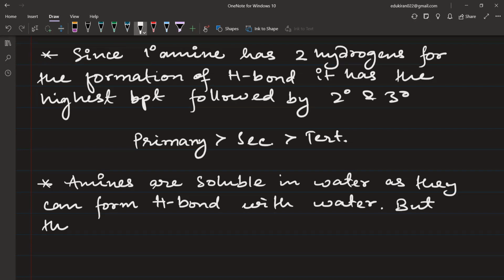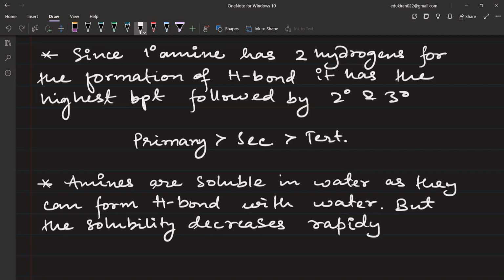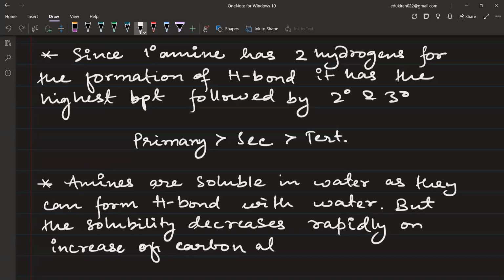But the solubility decreases rapidly on increase of carbon atoms in alkyl chain.